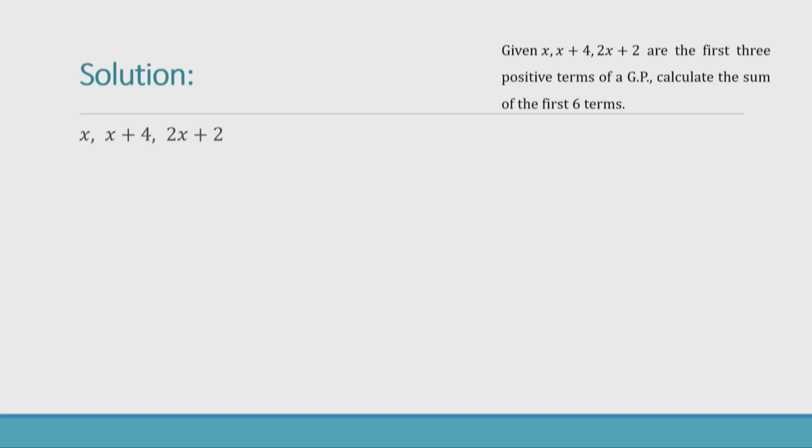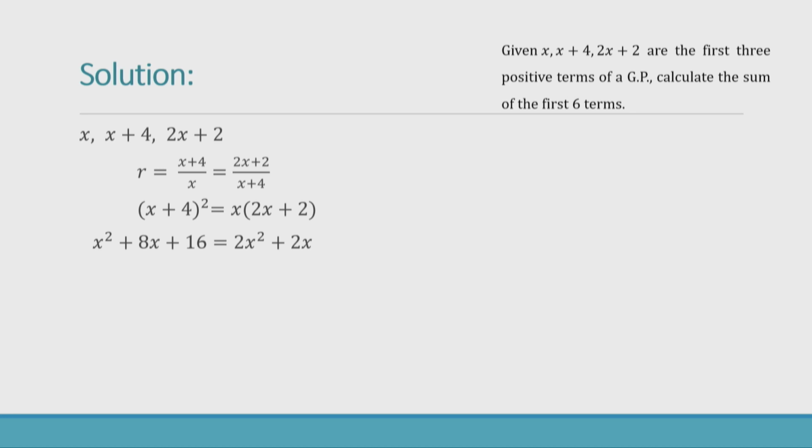So R can be T2 over T1 or T3 over T2, which is what I have done here. So R is x plus 4 over x, which is equal to 2x plus 2 over x plus 4. So I cross multiply, I get x plus 4 to the square equal to x into 2x plus 2. Expanding, I get x squared plus 8x plus 16 equal to 2x squared plus 2x.